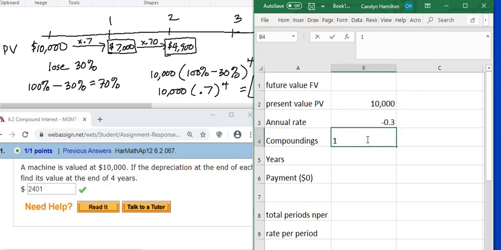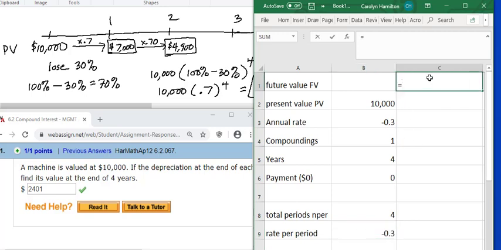Compounding is at the end of each year, so every year it loses 30% from the previous year for 4 years, and no additional devaluation going on. Total number of periods, 4, the same as the years, and the rate per period, losing 30%.